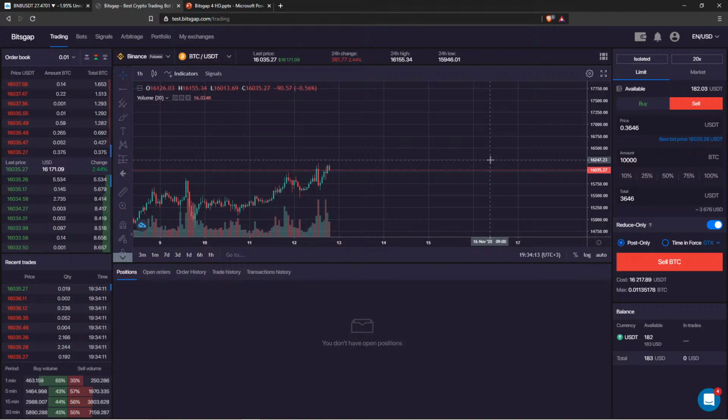And I strongly recommend you to practice with these instruments. As of now, we don't have the demo mode for futures trading, but in the coming future, you will have this opportunity to trade with virtual money on Bitsgap just to test futures trading, to make sure you fully understand how it works.